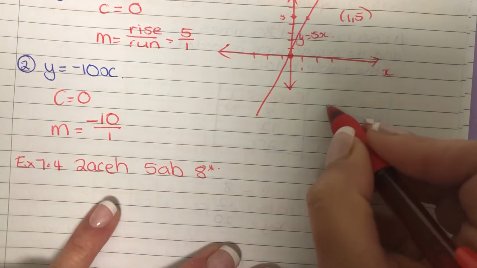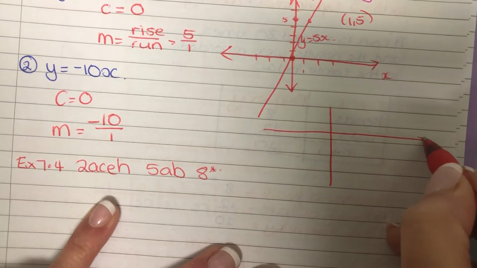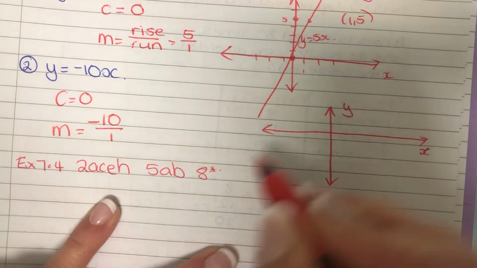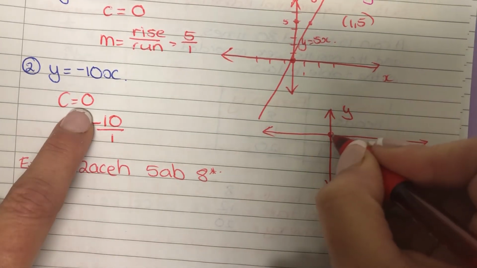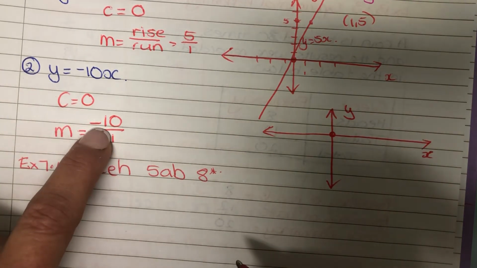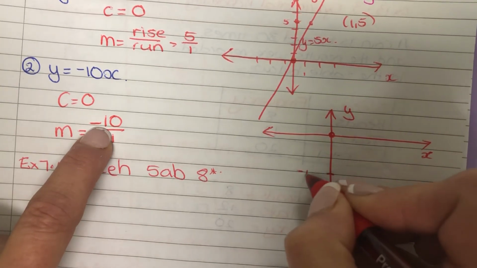Think about where you're going to go this time. We're going to put a y-intercept of 0. And then I'm going to go down this time to show you the different way. So we're going to go minus 10. So we're going to go all the way down to here, and this will be minus 10.